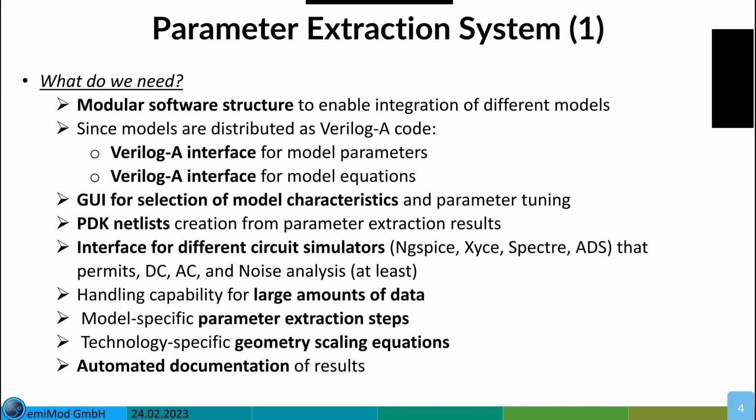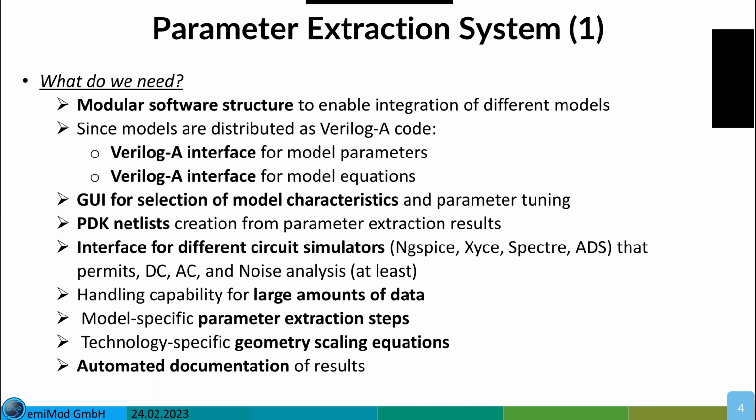So what do we need for a parameter extraction system? This is a long list. We want to be quite modular because there are many different models, different sources of measurements, and different circuit simulators. Usually we need the equations and also some way to simulate a given model.